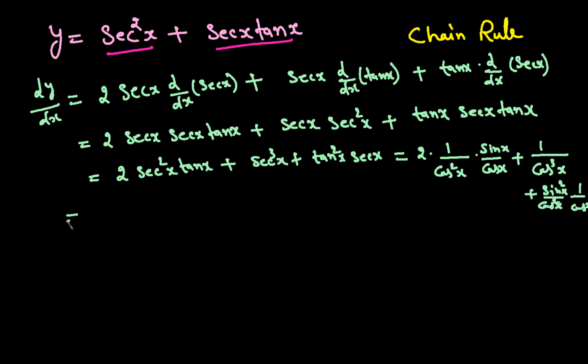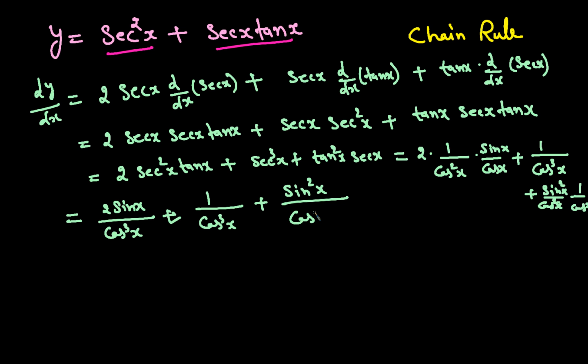So what we got: the first term gives me 2 sine x over cosine cube x, the second term gives me 1 over cosine cube x, and the third term gives me sine square x over cosine cube x. And they all have the same common denominator, which is cosine cube x.